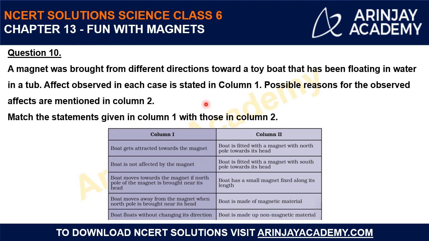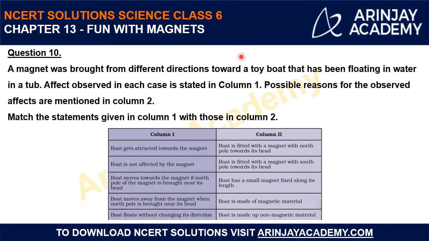So यहाँ पे एक particular condition दिया हुआ है that you have a toy boat and this toy boat has been floating in water. So आपने एक tub लिया, you have filled it with water and you have allowed this toy boat to float on that. Now then you have brought a magnet. आपने एक magnet लिया and you have brought it close to that toy boat.